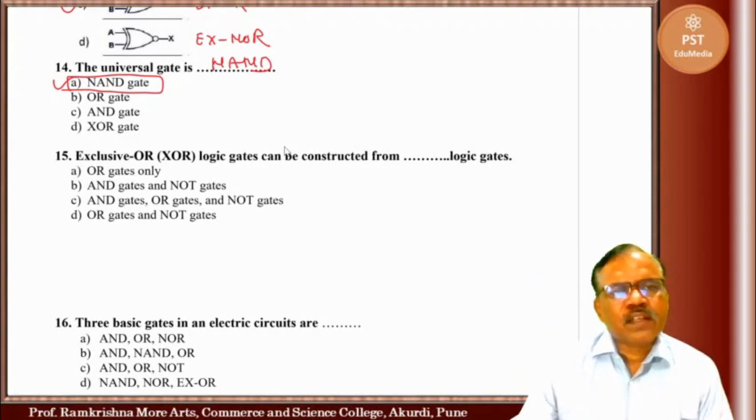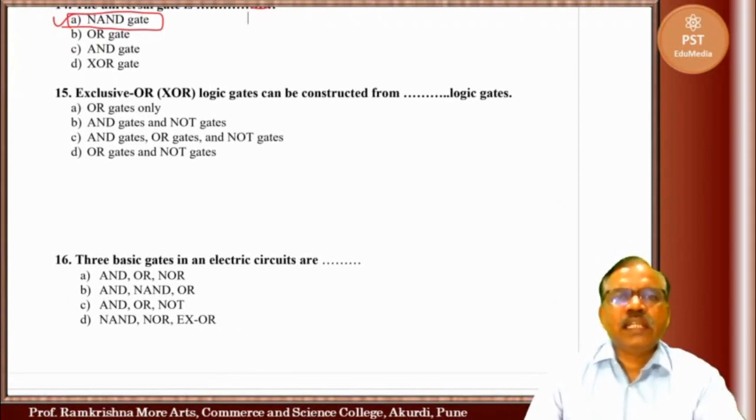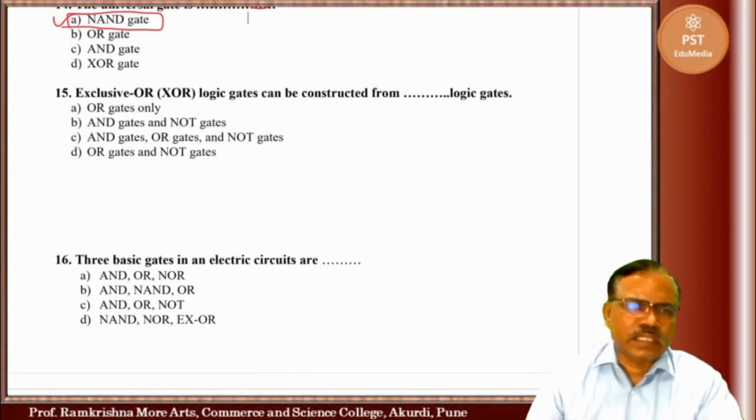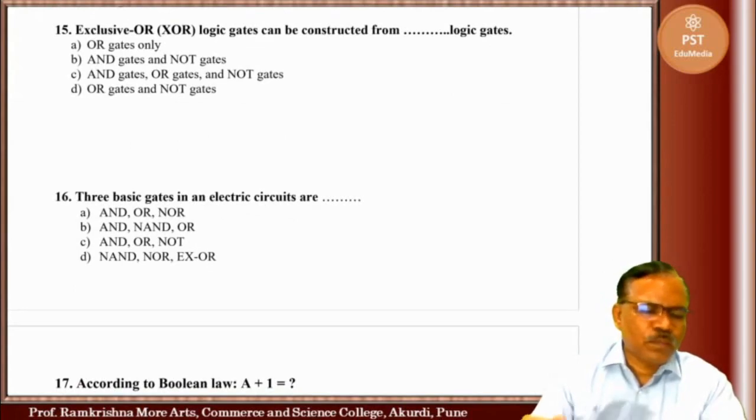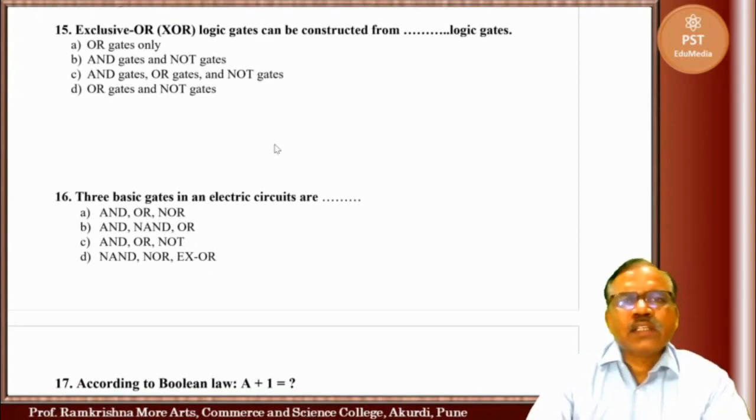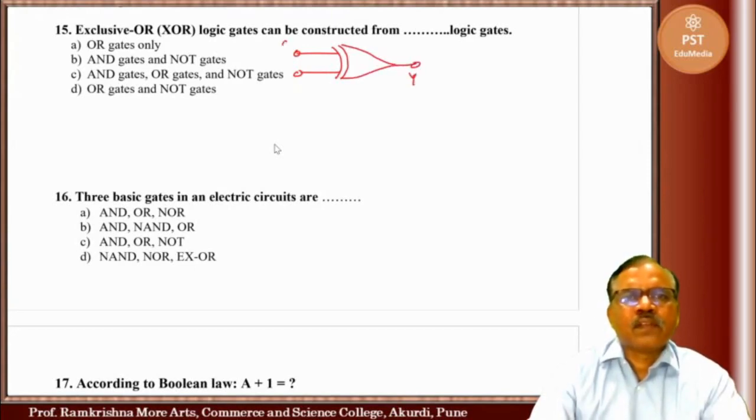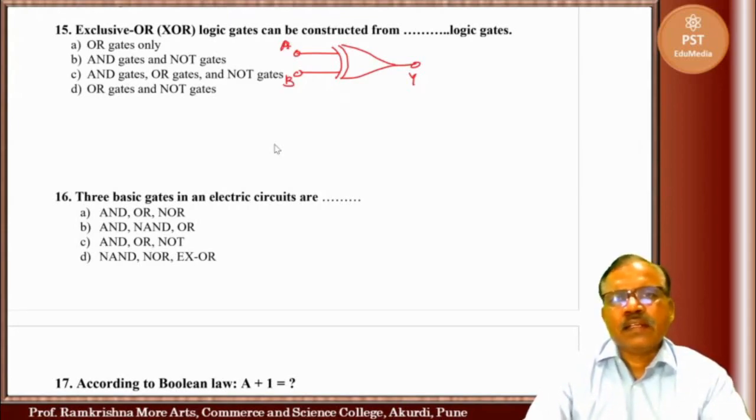Now next one, the exclusive OR or XOR logic gates can be constructed from dash dash dash logic gates. Now if we see XOR gate, we have seen the symbol for XOR gate. The symbol is like this, with A, B and Y, and its truth table is like this.